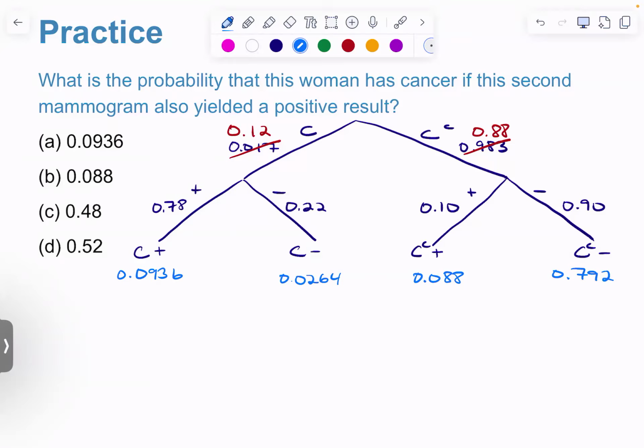I'll just confirm that they add to 1, plus 0.088, plus 0.0264, plus 0.0936. They do. I'll just say equals 1.